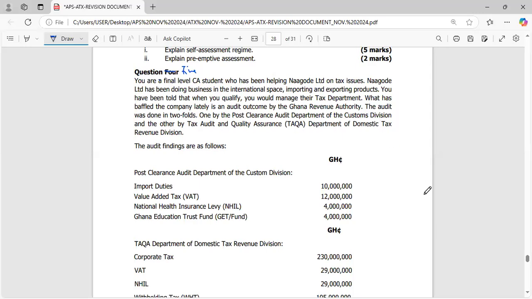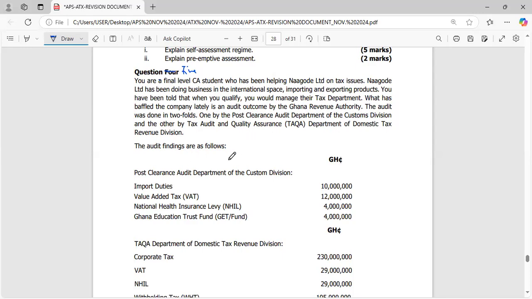What has baffled the company lately is an audit outcome by the Ghana Revenue Authority. The audit was done in 2 folds. One by the post-clearance audit department of the Customs Division, and the other by the Tax Audit and Quality Assurance Department of the Domestic Tax Revenue Division.